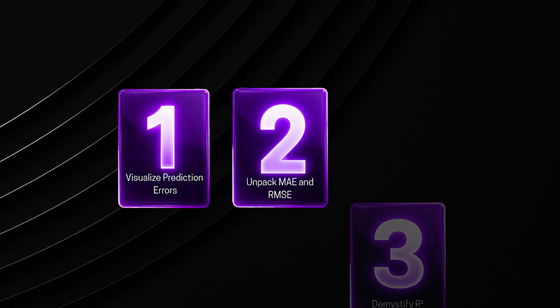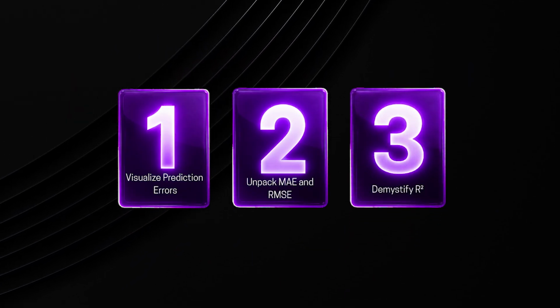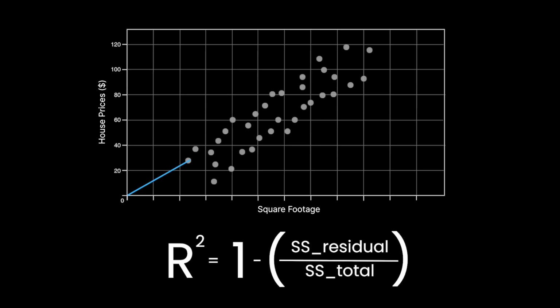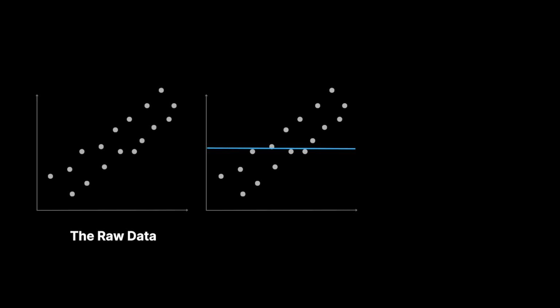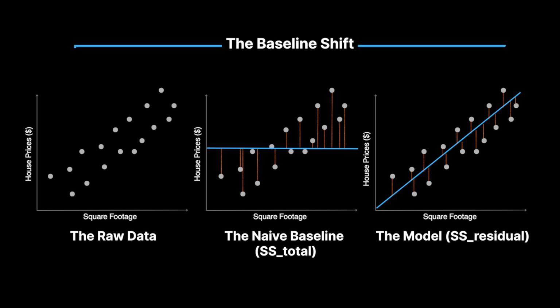That brings us to our final metric, which is R squared. The R squared metric is quite different. It doesn't measure the error itself. It measures how much variance your model explained. So imagine a scenario where you ignored all features and just predicted the average price for every house.